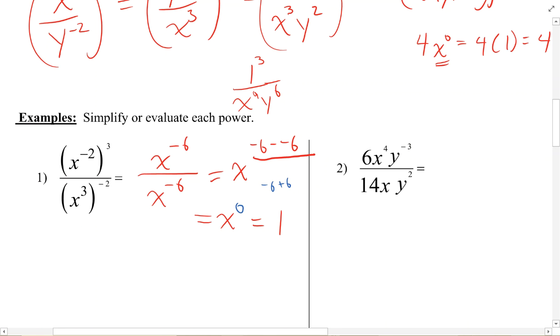Okay, now next one. Always try and treat your numbers and letters separately. We kind of went over this one in our homework. So with these, 6 over 14, if there's nothing you can do, you can always try and reduce fractions to the lowest terms.